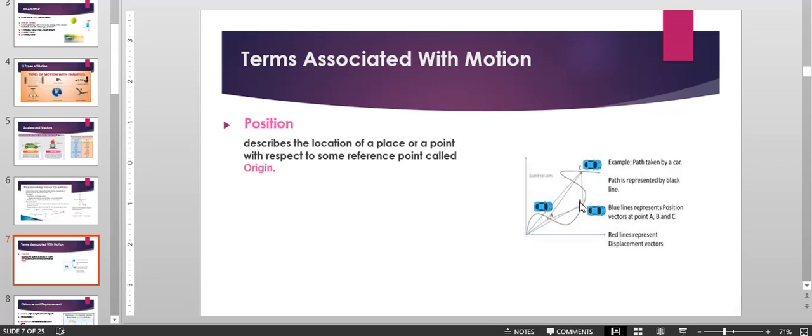So this line is the path taken by this car, to move from this origin to some point, for example C. In order to find different positions attained by this car, we have to draw the position vectors represented by A, B, and C. By the help of this, we will be able to find the position of this blue car.